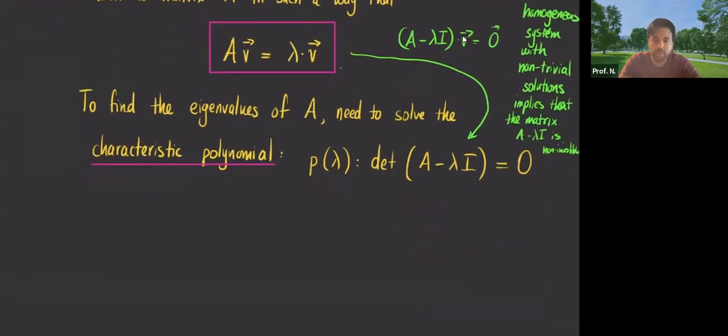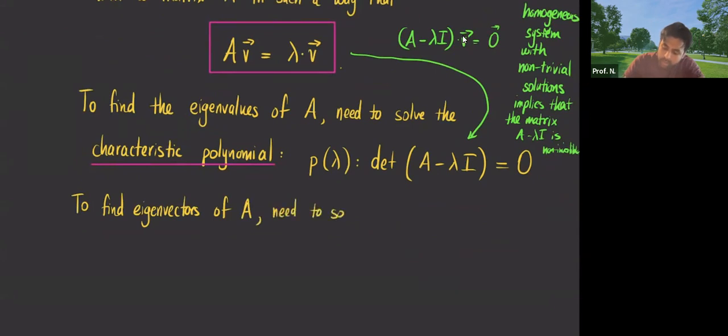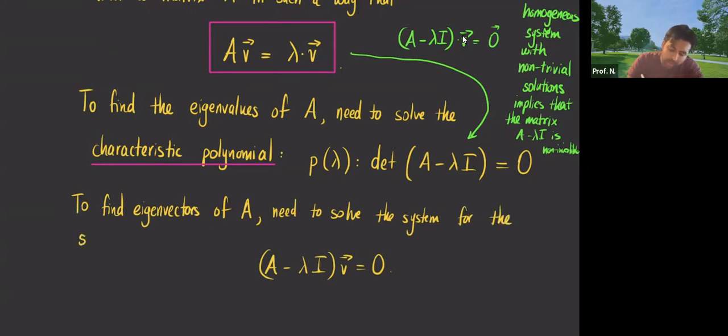And so associated with those eigenvalues, which are the roots of the characteristic polynomial, to find the eigenvectors of A, we need to solve the system A minus lambda I times V. So solve the system for the specified eigenvalue.